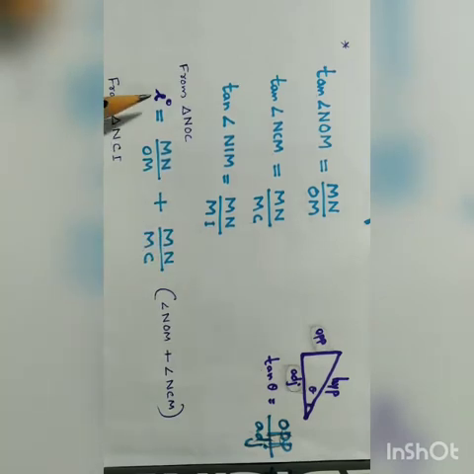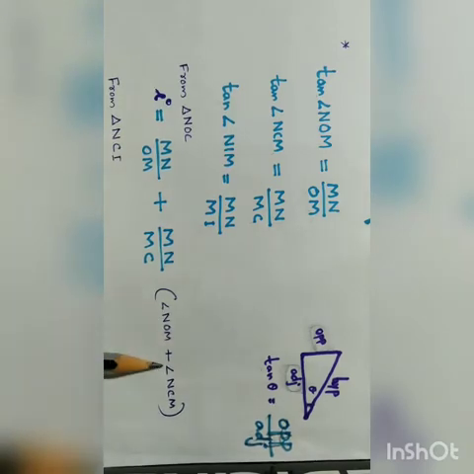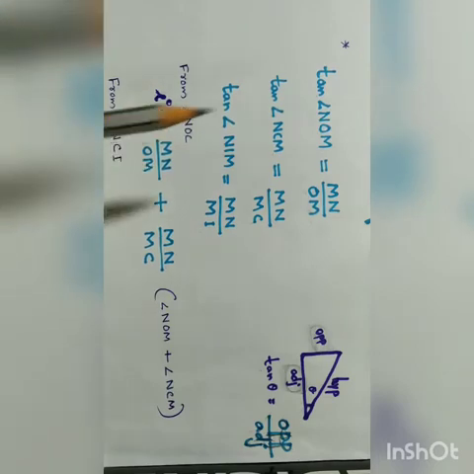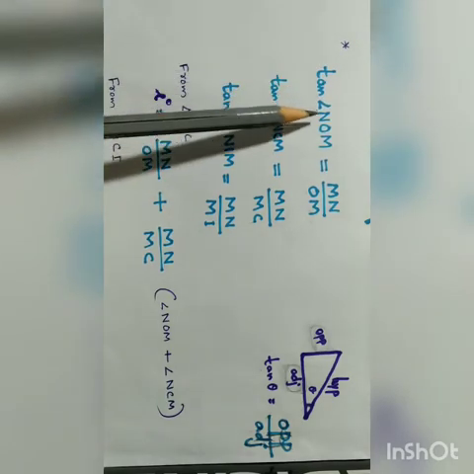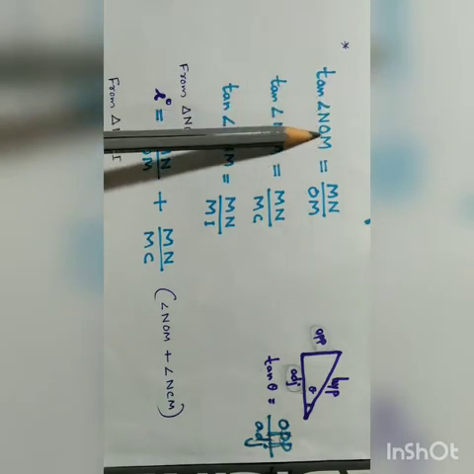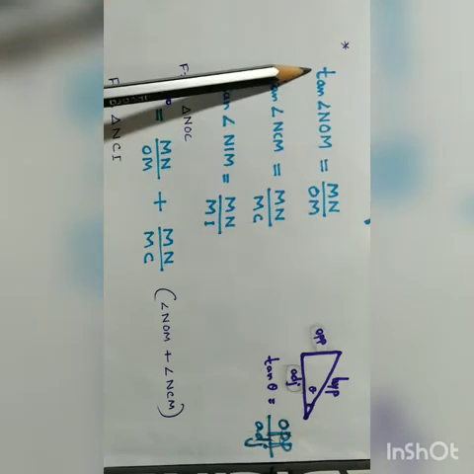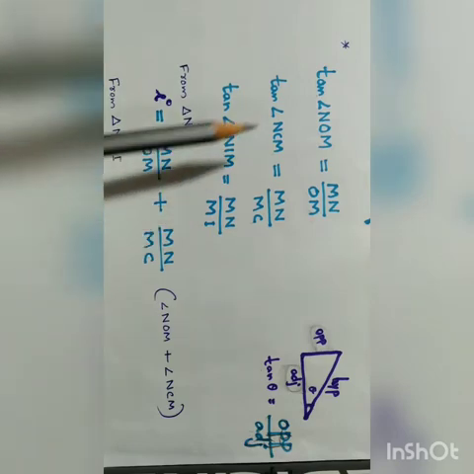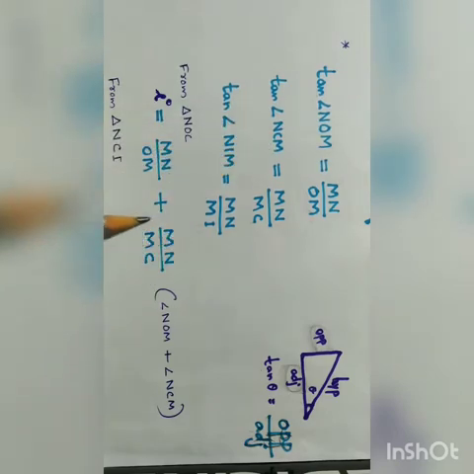Why? Because the angle of incidence is angle NOM plus angle NCM. Angle NOM is this one. We are not taking tan because for small angles, tan theta equals theta. So instead of tan, we can simply write MN by OM. And instead of tan of angle NCM, we can simply write MN by MC.